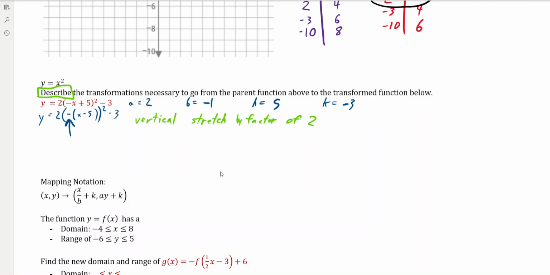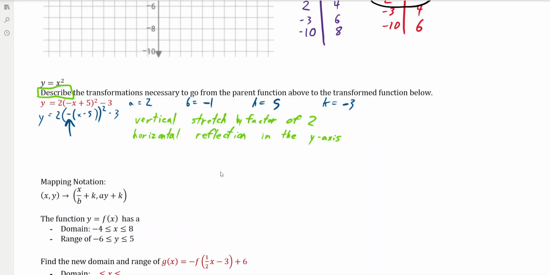We have a horizontal reflection because of the negative 1. So you could say in the y-axis, to be more specific.